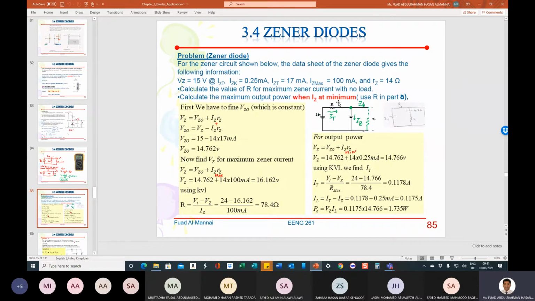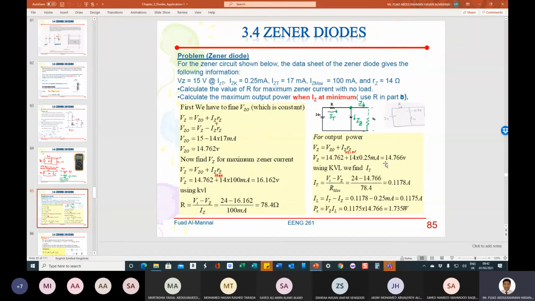Put the value of R and multiply it by IZ min, which is IZK, equal to 0.25 milliamp. That will give you VZ equal to 14.766 volt. So when IZK, or IZ min, is equal to 0.25 milliamp, VZ is not 15, it will be less. It will be equal to 14.766 volts.